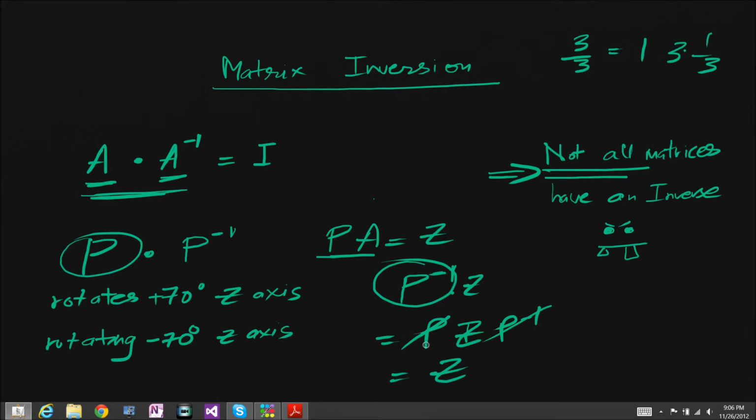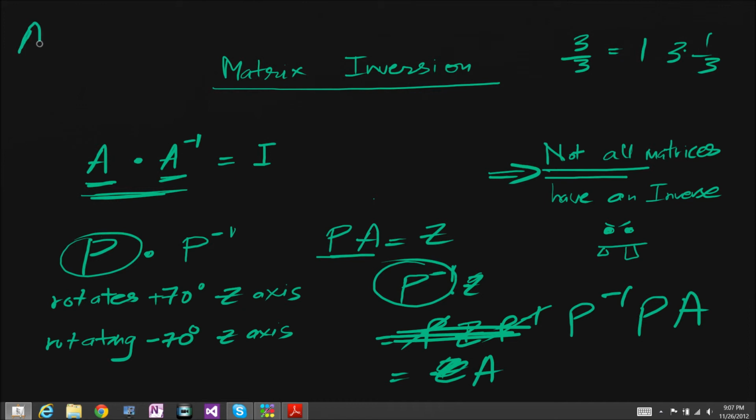Okay, one thing I want to correct is that I made a big mistake right here. This guy right here is totally incorrect. Doing this does not result in the vector Z, and plus this should have been A anyways. So when you multiply P inverse by Z over here, the inverse of P, this is something like the inverse of P multiplied by PA. And I'm so happy that I made this mistake, because in the previous tutorials I stressed the importance of the order of multiplication of matrices.